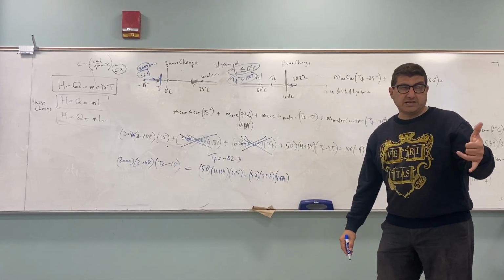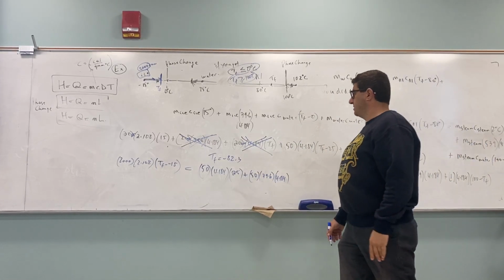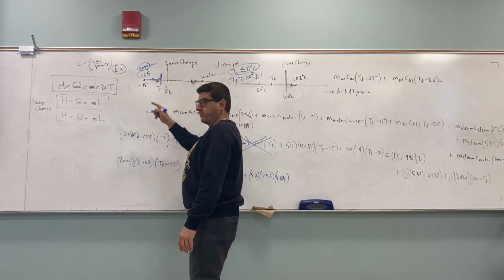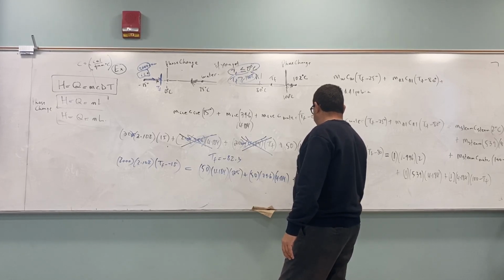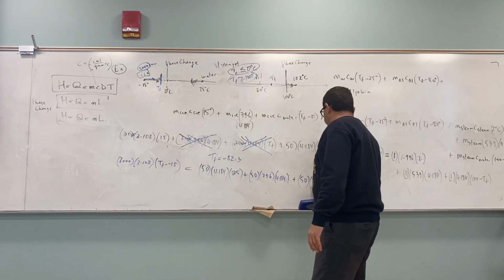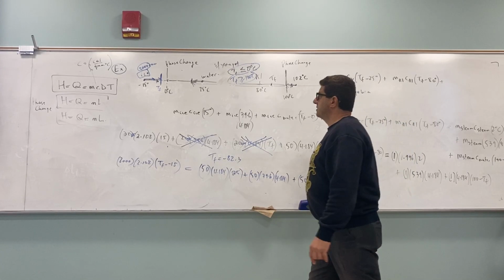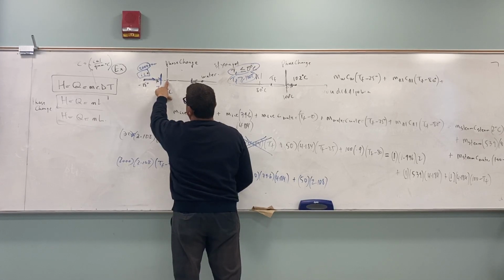That's during the freezing process. The water has to freeze, right? Then what does it need to do? Cool down all the way to TF. So then plus what? 50 times the specific heat of ice, times what? What's the change in temperature? TF minus 0.